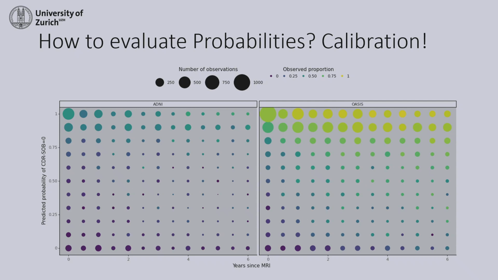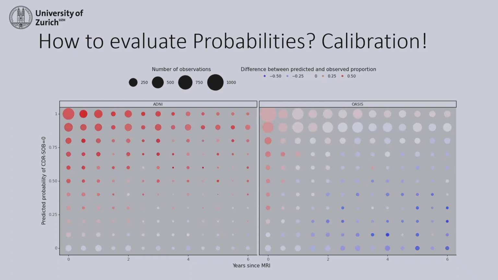So you can see already that in ADNI here, we said 100%, but really the proportion was less, more like 75%. And in OASIS, we said 100% for this point in time, and it really looks like it's 100%, so that's good. But then I can actually plot the difference from the predictions to the proportions.